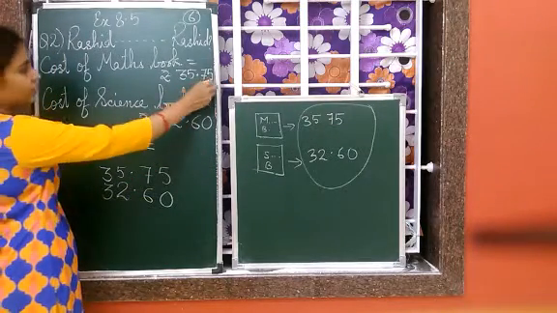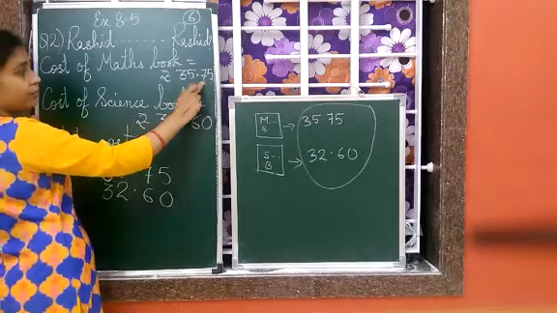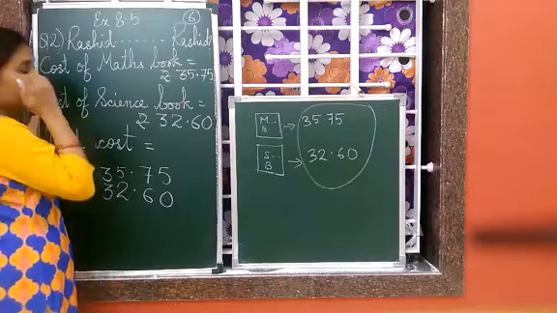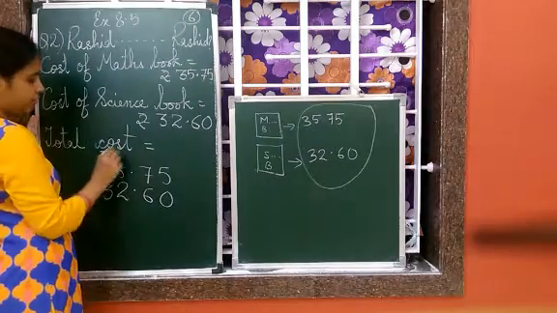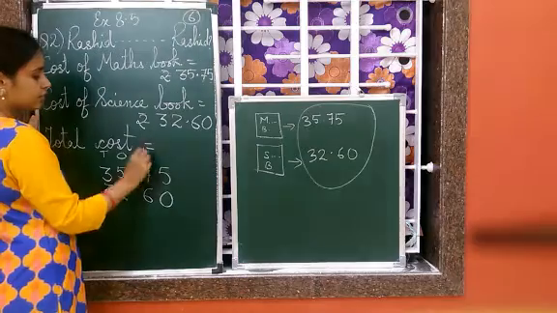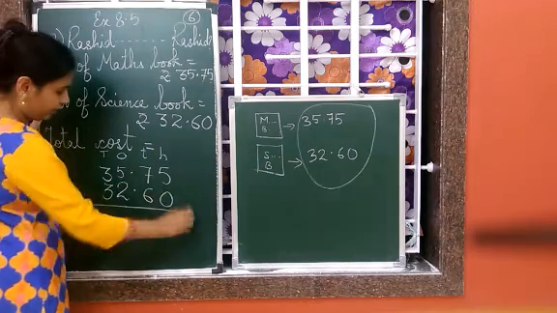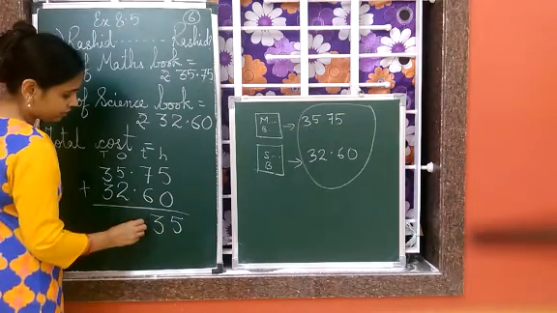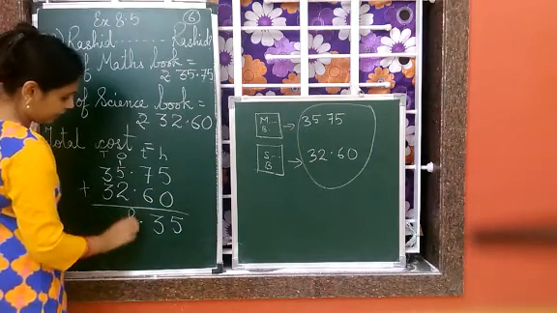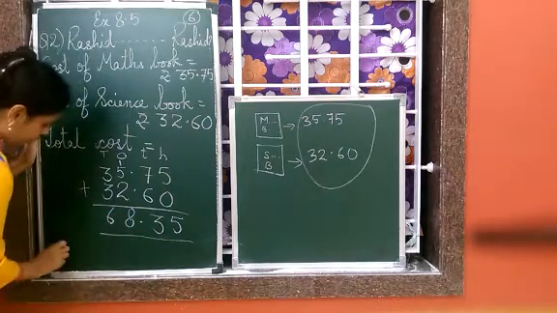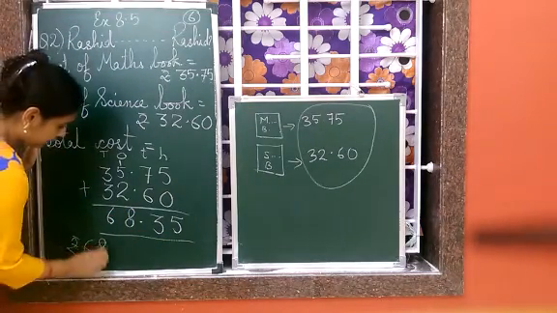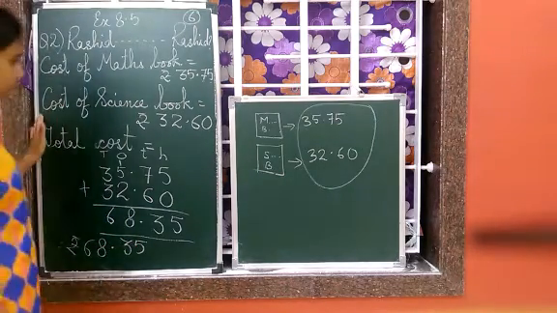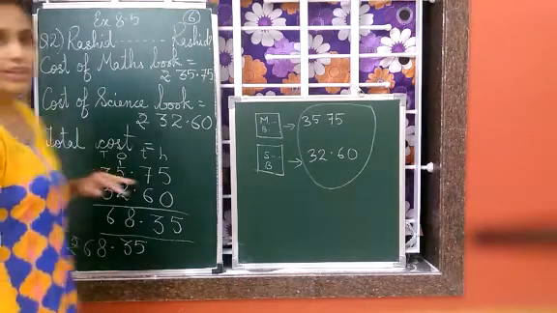Very simple. First we check the 3 steps we studied today only. First step, check whether they are like or not. 1, 2, 1, 2, yes, they are like. Then we put the places, that is tens, ones, tenths, hundredths. Then we add. So this is 5, this is 13, this is 8 and this is 6. So actually it is rupees 68.35, okay. So this completes question number 2.